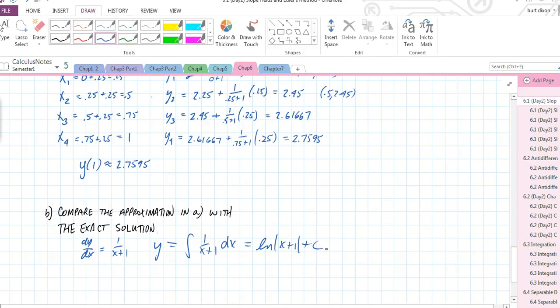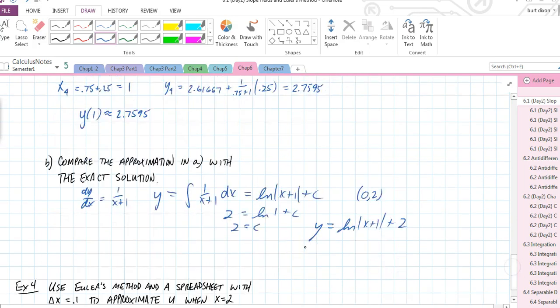And we know that the curve goes through the point 0, 2. So 2 equals natural log of 1 plus c, which means c equals 2. So our solution is y equals natural log of x plus 1 plus 2.